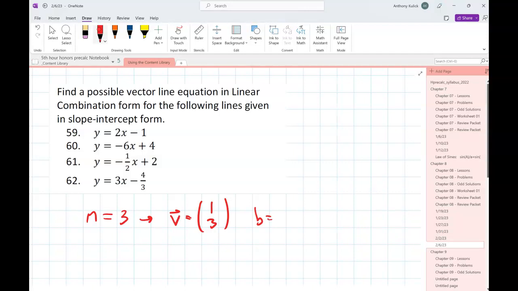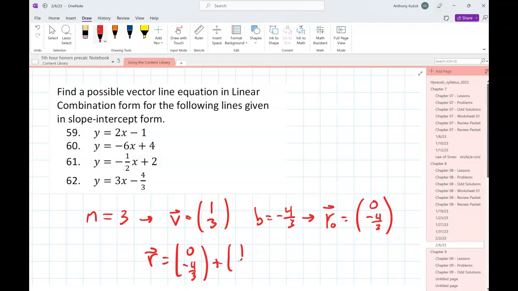And the y-intercept is negative 4/3, which tells me I can make a point vector of <0, -4/3>. So we can say that we have the component form vector line equation here, right?